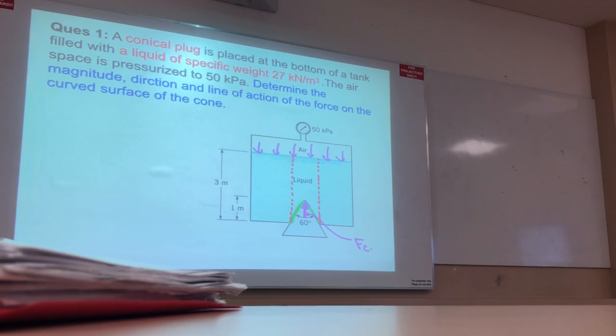I do this, right? So at the area, what is the force? Force given by air pressure is equivalent to pressure of air times the area from here to here. Correct? This is the force given by air.